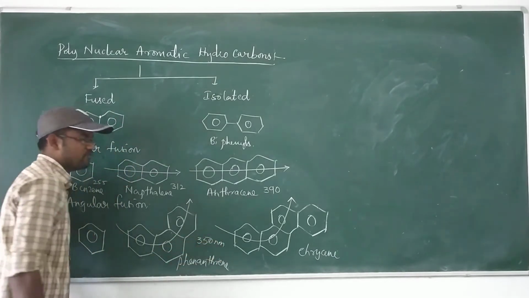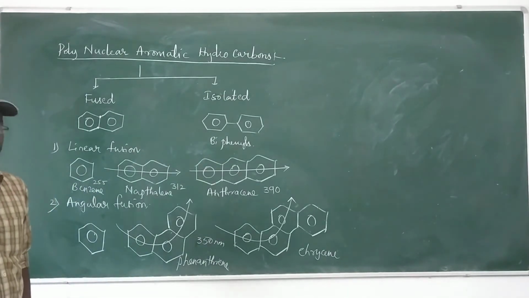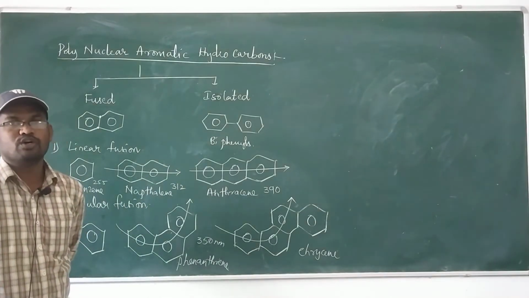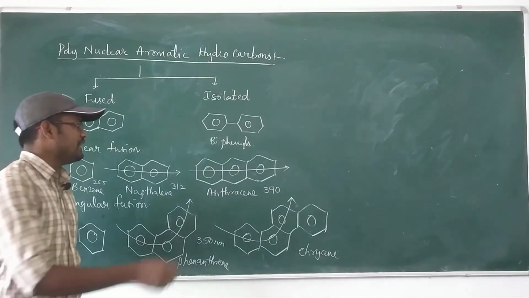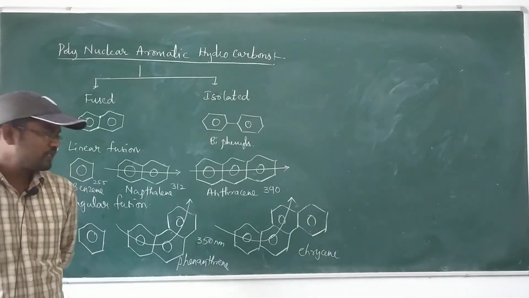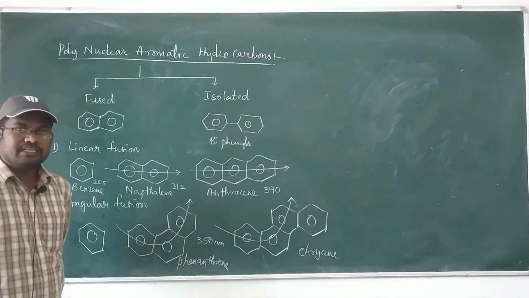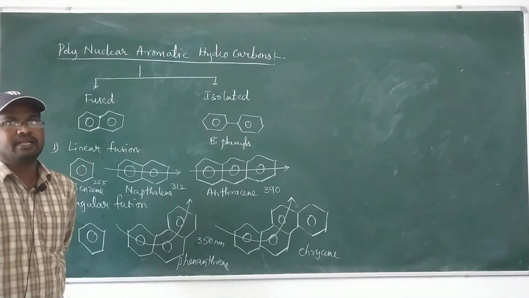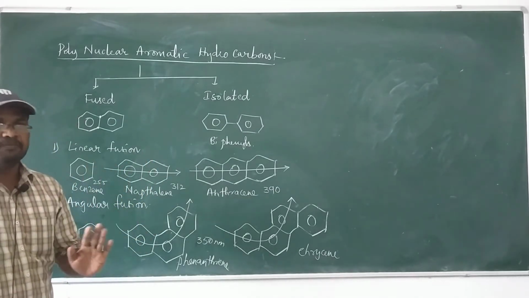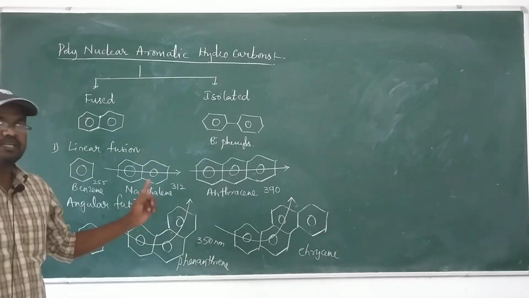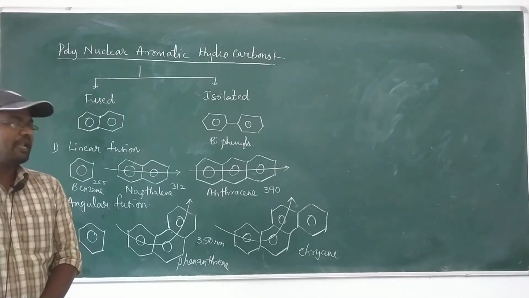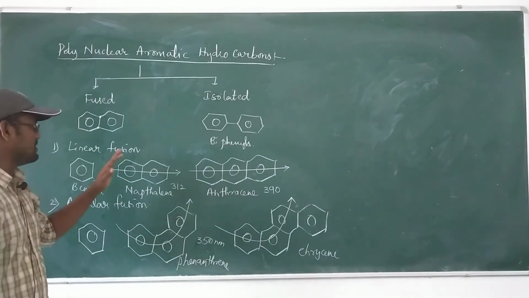In anthracene conjugation is energetically free because the three rings are fused linearly. In phenanthrene the three-ring fusion is energetically strained because it is angular. So the conclusion is that angular fusion is energetically strained, and due to strained conjugation, lambda max values decrease.